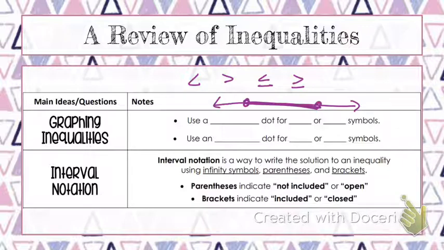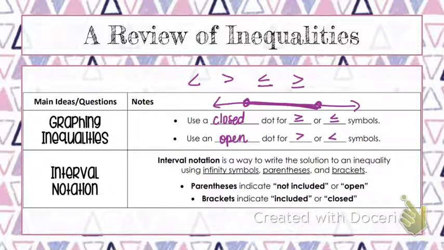We are going to use a closed dot for greater than or equal to and less than or equal to symbols. We are going to use an open dot for greater than or less than symbols.